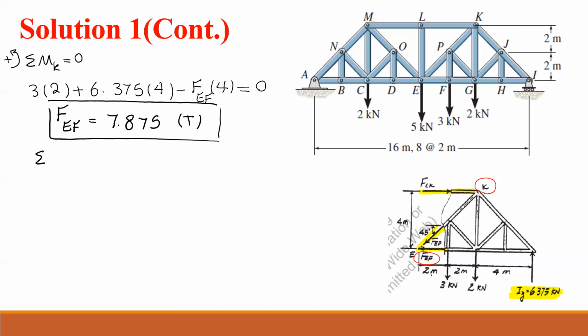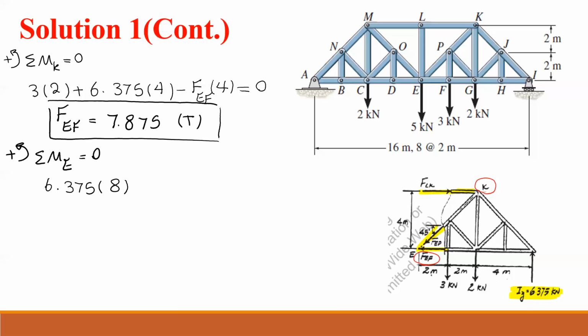So let's use sum of the moment about E equals 0, and positive direction is the direction I want. So I have my reaction, which is 6.375, multiply the distance, which is 8.